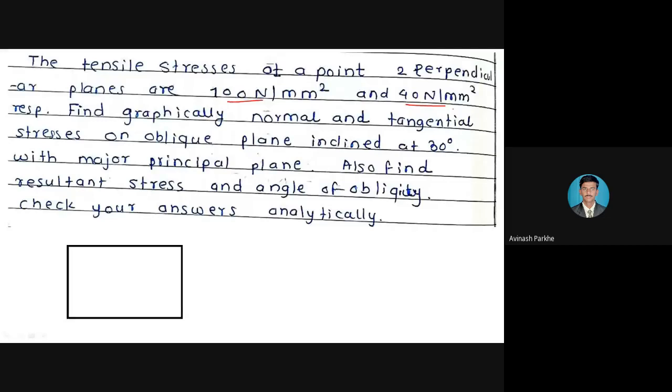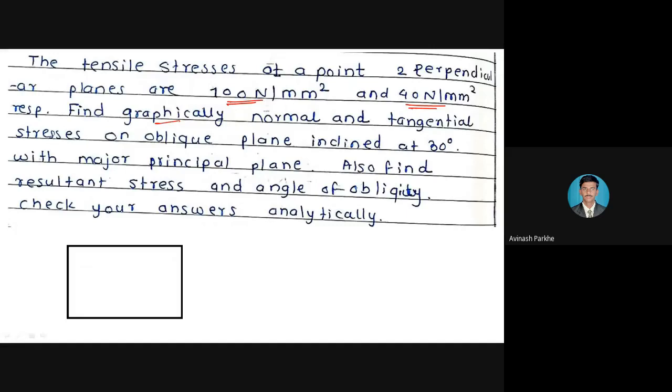The value of sigma x is given as 100 Newton per mm square, and sigma y is 40 Newton per mm square. Find graphically. This word is mentioned. If this word is not mentioned, then you have to solve the problem by using the analytical method.